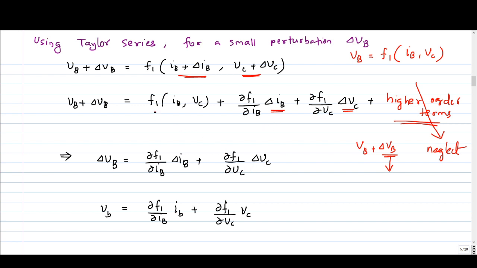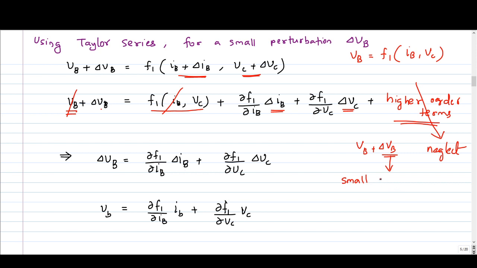So here you can note that the f1 of IB comma VC and VB will cancel. So delta VB is simply equal to the first term plus the second term, and all other higher order terms are neglected. So here we have assumed small increments.